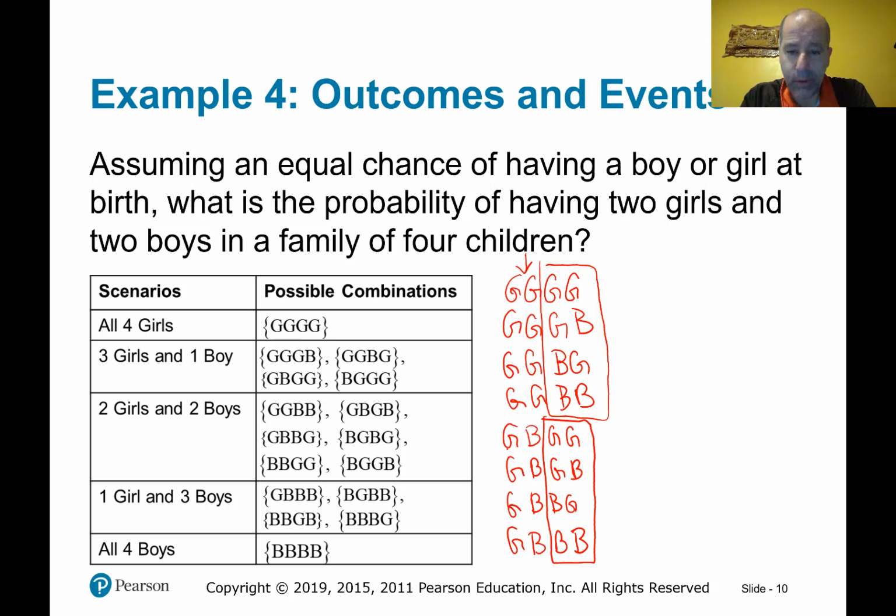And now what we're going to do is change the first one to a boy, and then change this one to a girl, and then go through the same thing. So if I want to do this, I could do this, because those are going to stay the same.